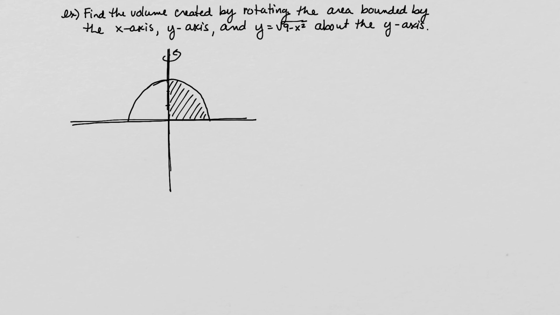So I've already drawn its mirror image on the left-hand side here. And so if we're rotating it around, it looks like that. So it's kind of like a dome. And if you think about putting in a shell, not a shell, a disc, right? Here's my disc, and here's the radius of my disc.